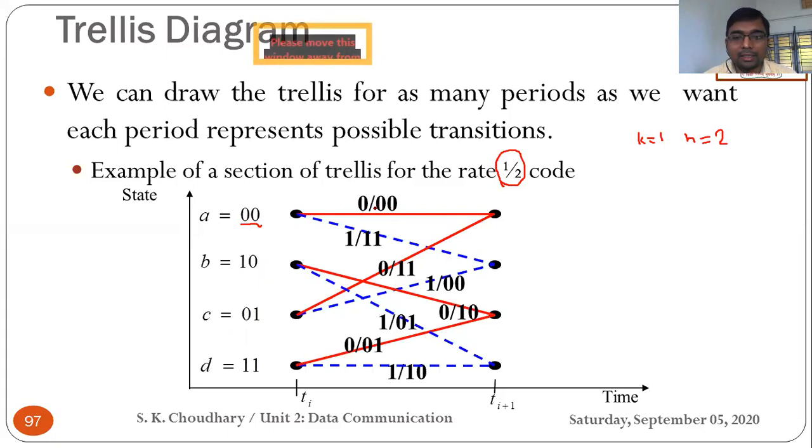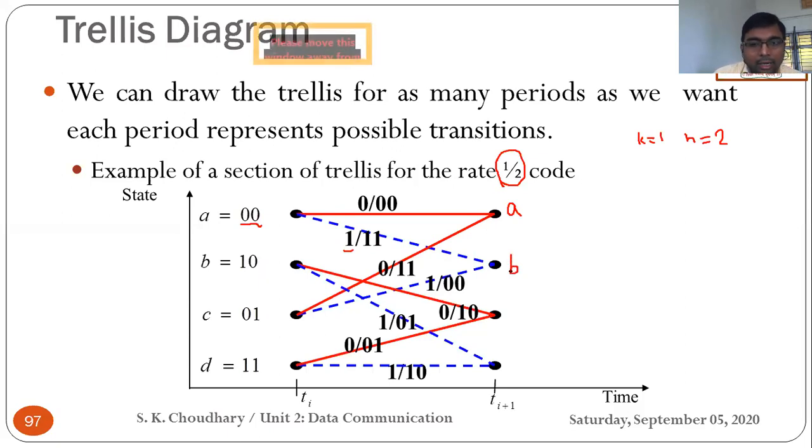When you are at the 0 0 state and the input 0 comes, the output is also 0 0, and the next state is again the same state A. But when you are at the 0 0 state and you receive input 1, the output is 1 1, and you are transferred to the next state, that is B.